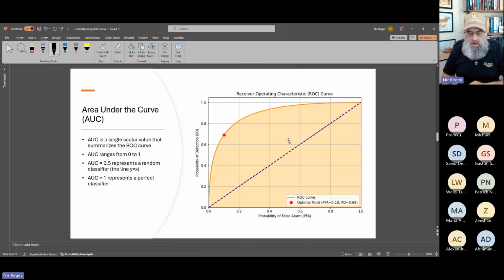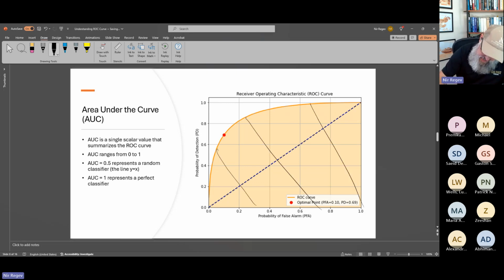The area under the curve, as I drew here, this is the area under the curve, all this section. This is a metric or a proxy for the performance of the classifier as a whole, or the detector. It's a scalar. The maximum of the scalar is 1 because that's the whole square, 1 times 1.